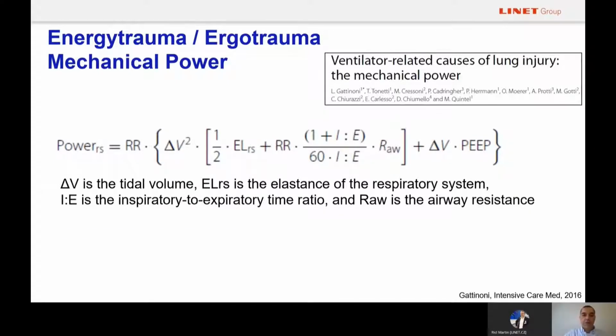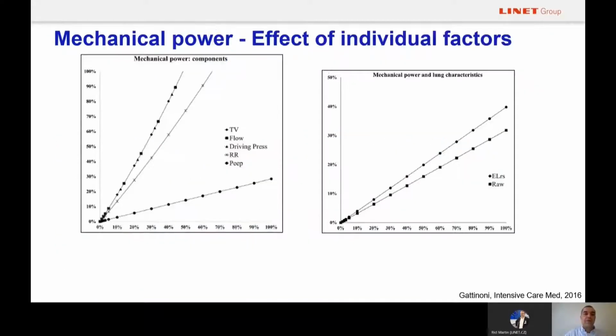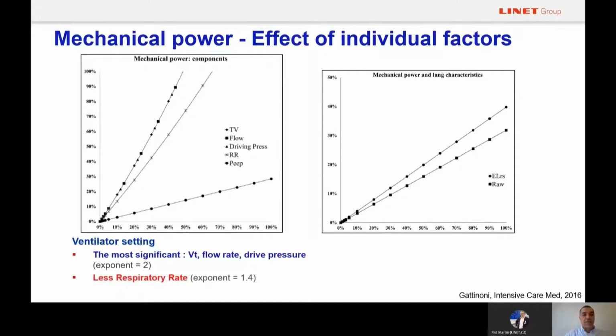Mechanical power was calculated by this defined equation, and shows that the energy put into the lung tissue is most significantly dependent on volume, flow rate, and driving pressure, less than respiratory rate and less than level of the PEEP.